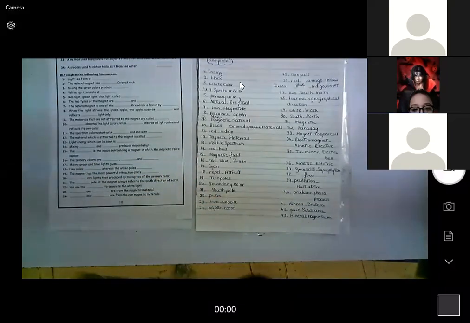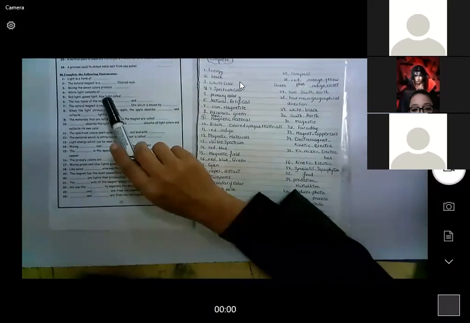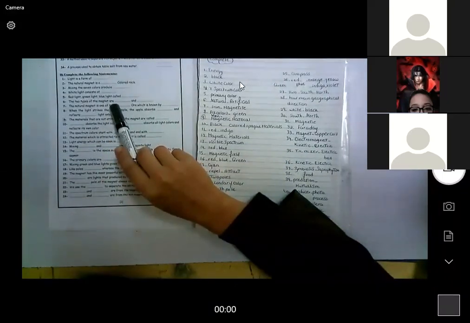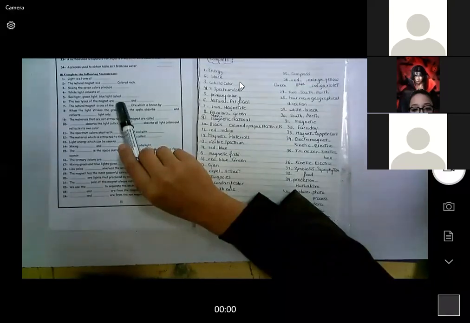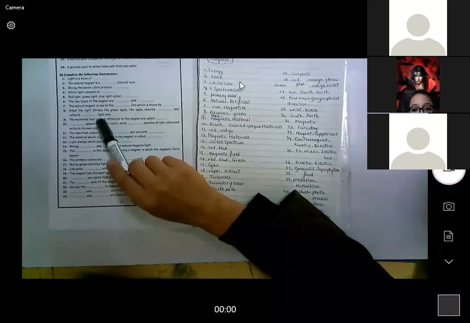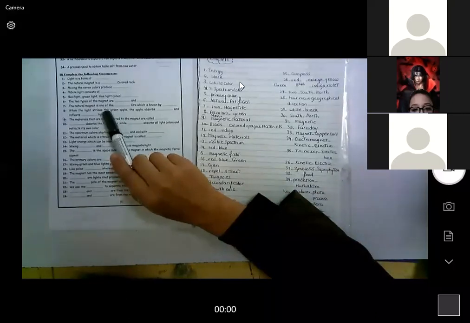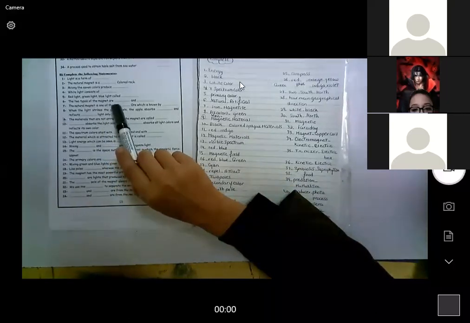Okay, so if I ask you red, green, blue, primary; cyan, magenta, yellow are secondary colors.